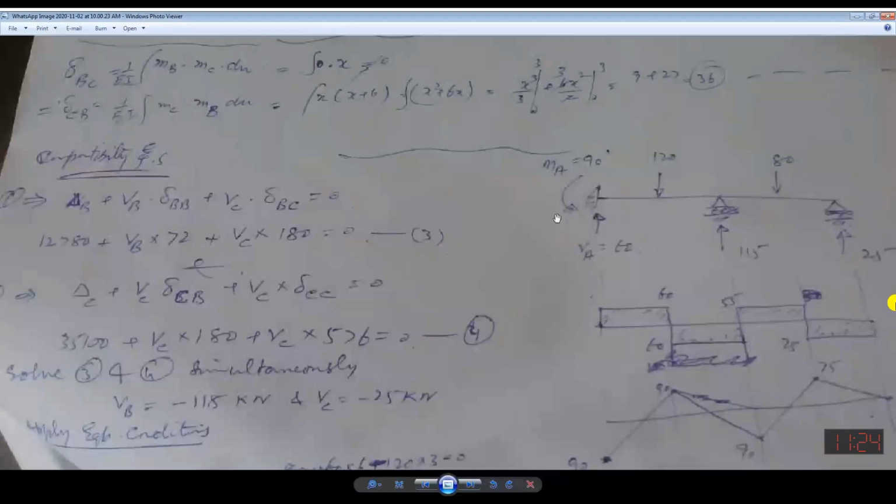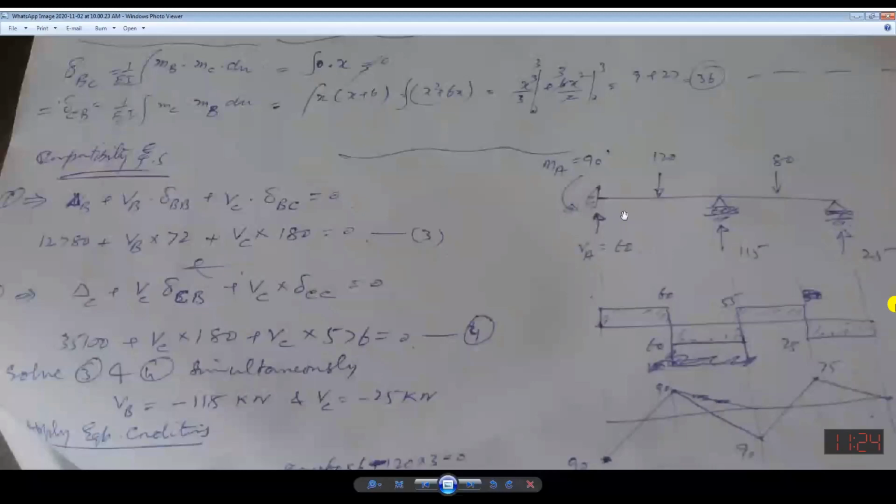So keeping in view, 25 plus 115 minus 120 minus 80, it comes out to be upward 60. And as far as moment is concerned, 25 into total, 80 into this distance, 115 into this, and 120 into this. To counter it, net effect, it is 90.